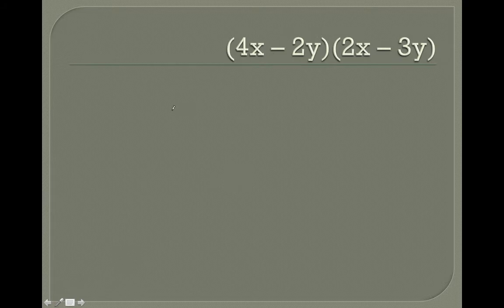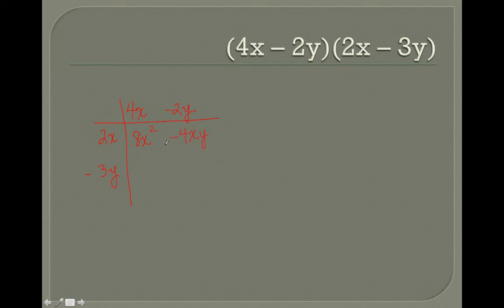Okay, so this time I've got two different variables, but that's not going to make a difference. I've got 4x and -2y. I've got 2x and -3y. 4x times 2x gives me 8x squared. -2y and 2x gives me a -4xy.